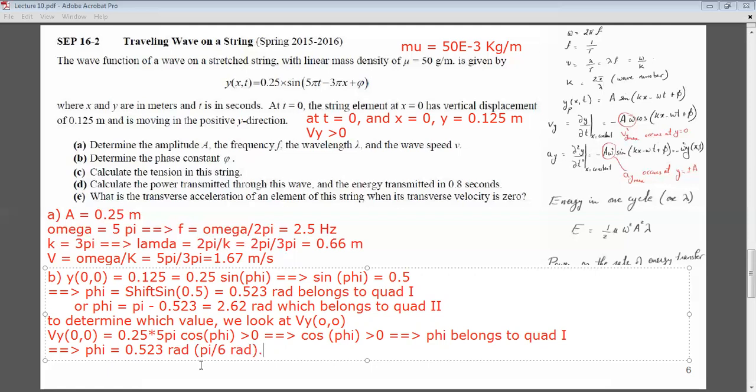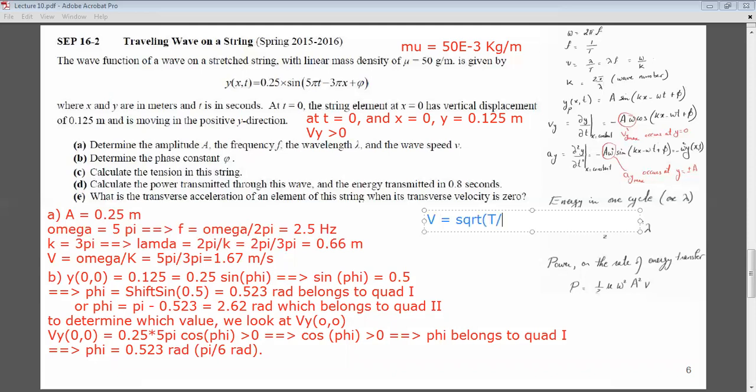Calculate the tension in the string. We will use V is equal to the square root of tension over mu. I square both sides because I want the tension. So tension is mu times V square.